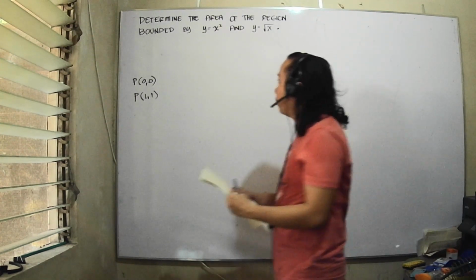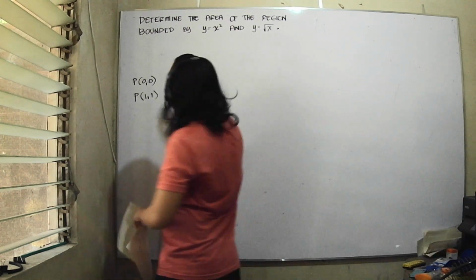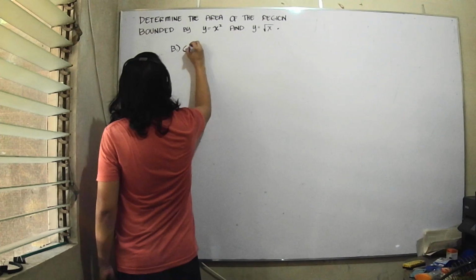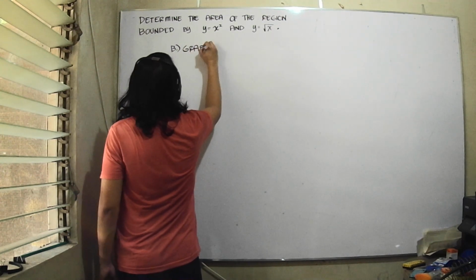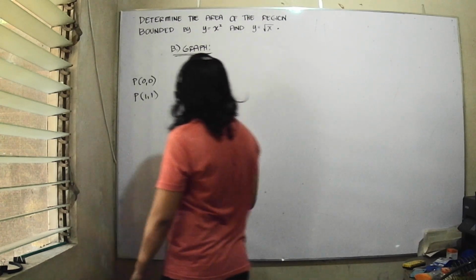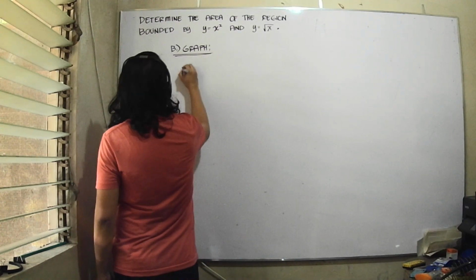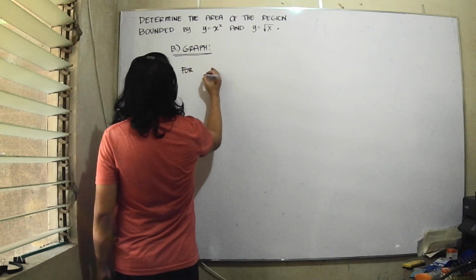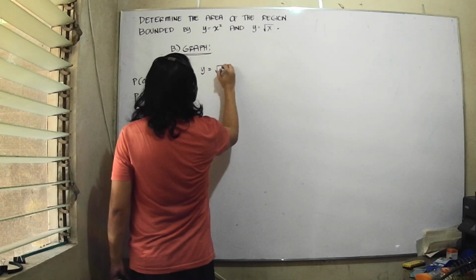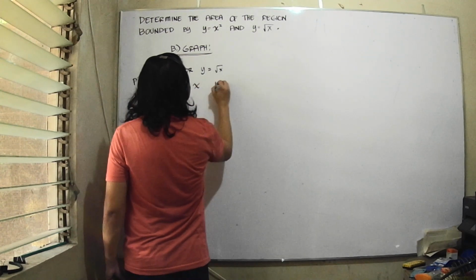The next step is to graph. Here is a table for y is equal to square root of x. What is x and y?